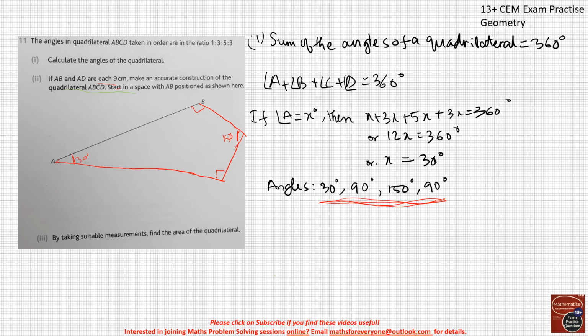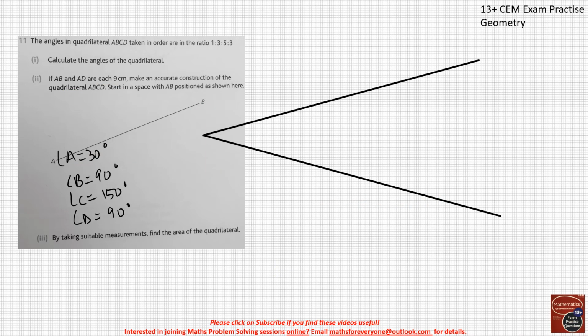That is how we have to draw it. So this is angle A, then angle B is 90, angle C is 150, and angle D is 90. That's the way our diagram should be, and it will look like this.